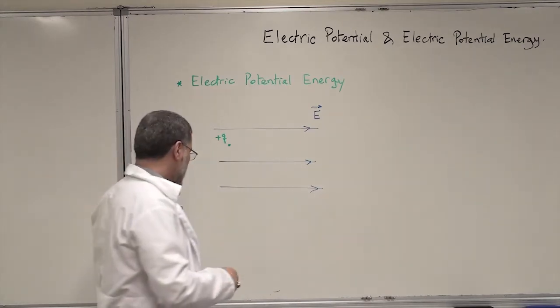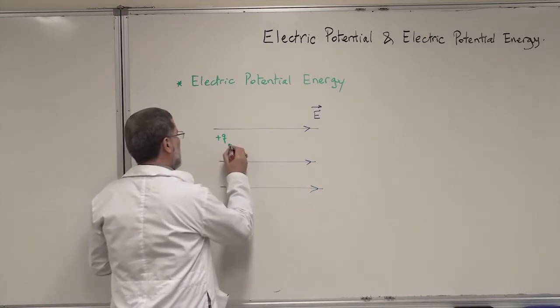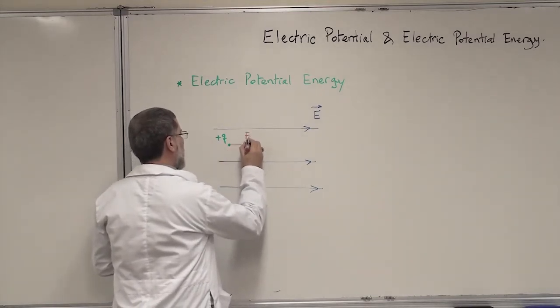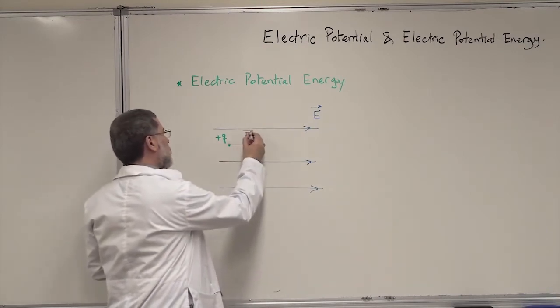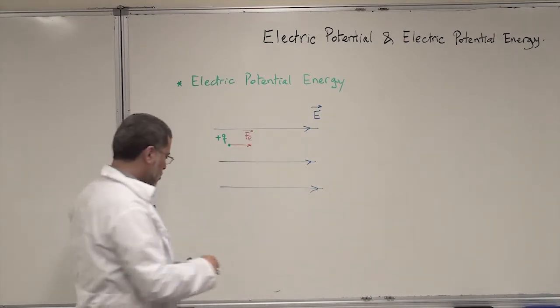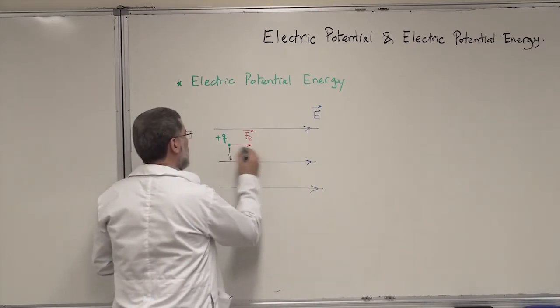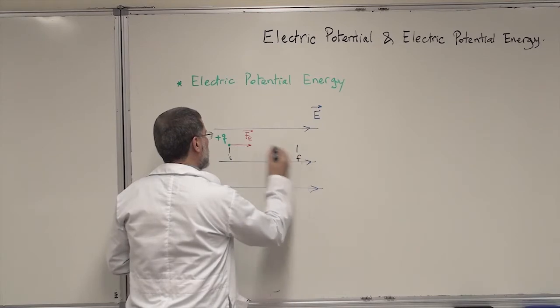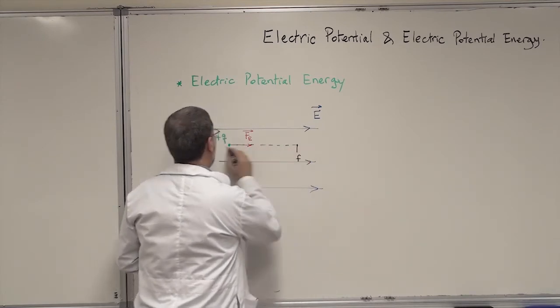You all know that there will be a force on this charge, an electric force, and the force will be in this direction, F electric, okay? That electric force is going to accelerate the particle from this position here, which I call the initial, to, let's say, a final position here. So the particle is going to move from here to here, okay?